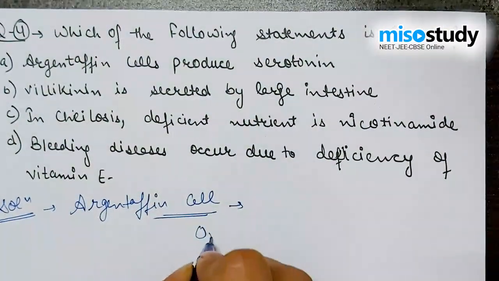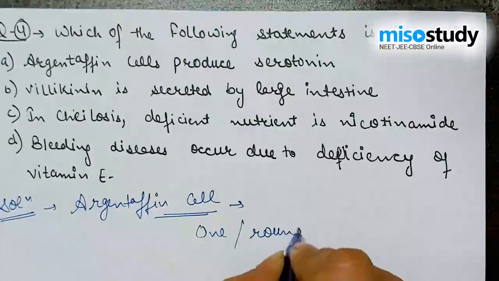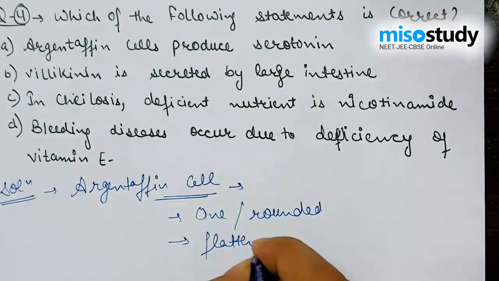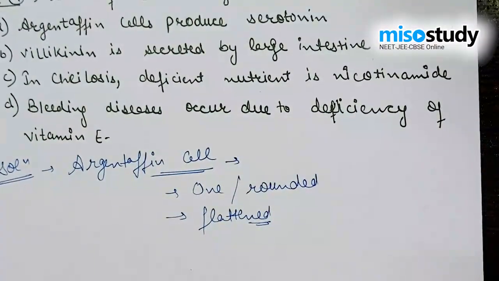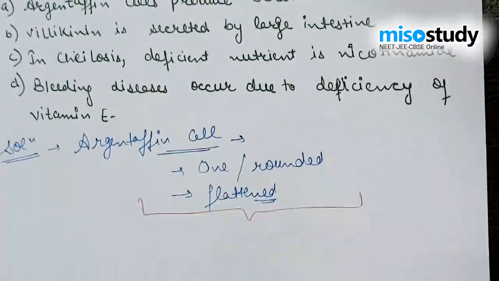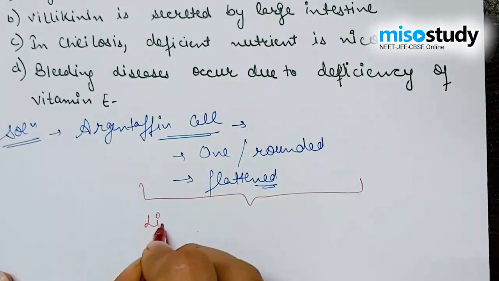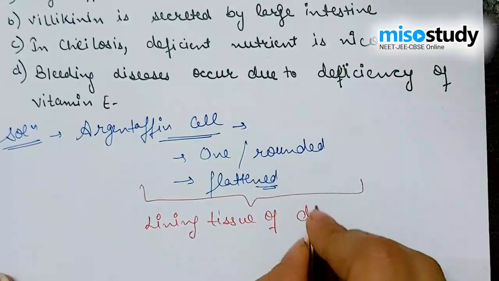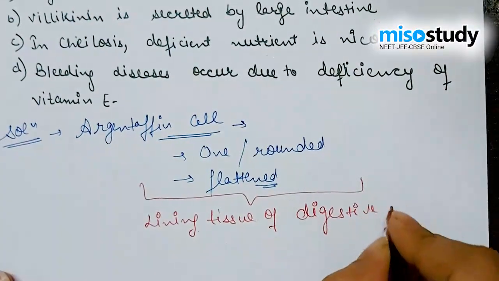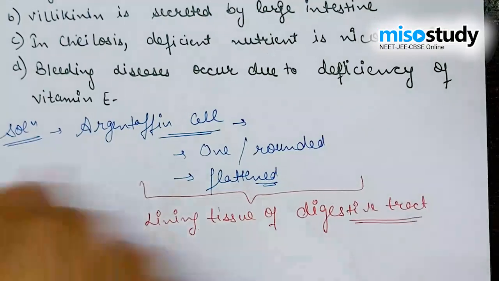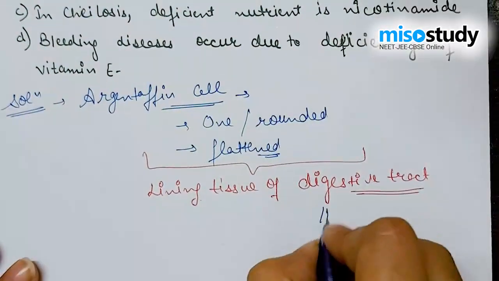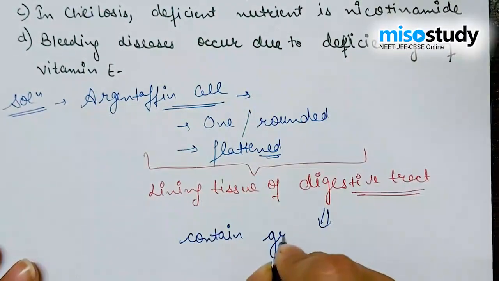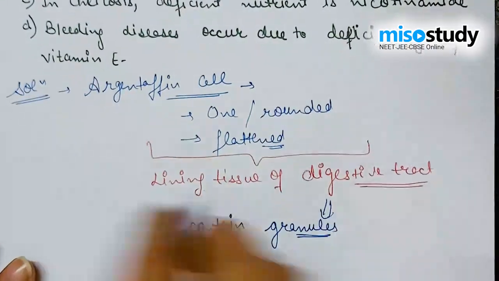These are rounded or partly flattened cells occurring in the lining tissue of the digestive tract, which generally contain granules.